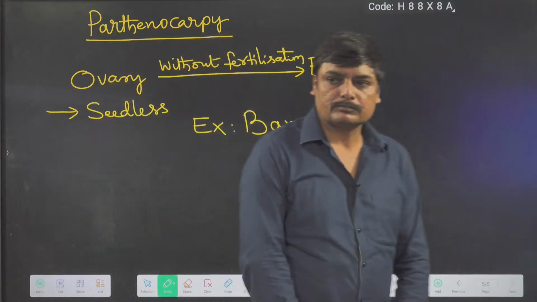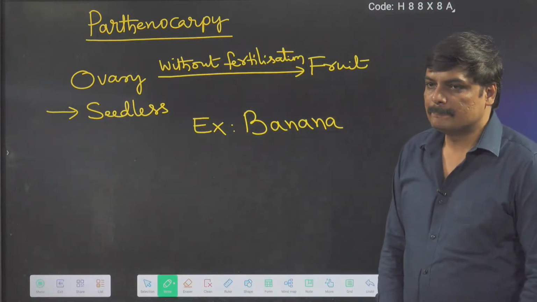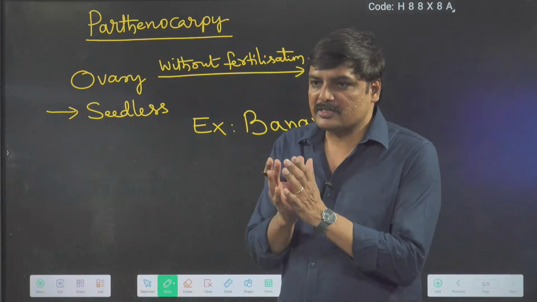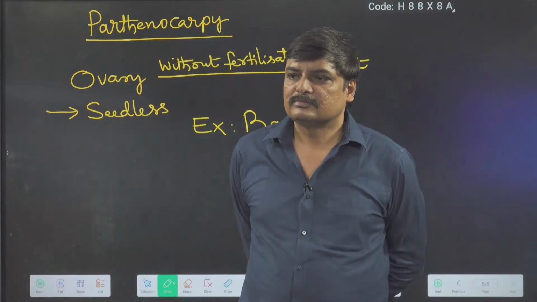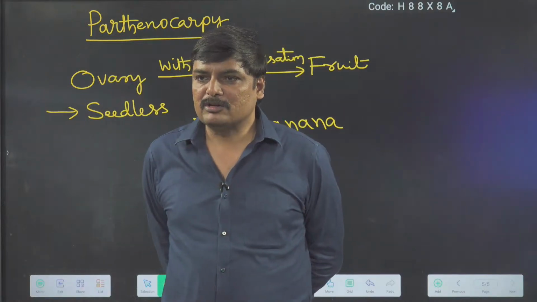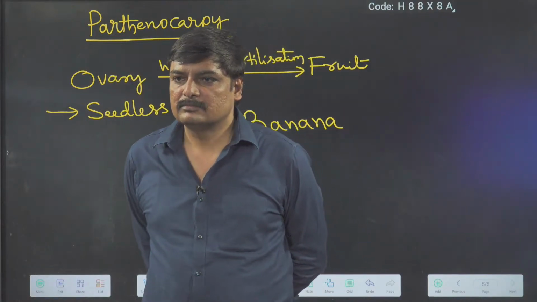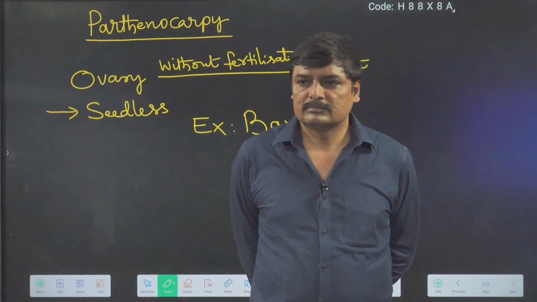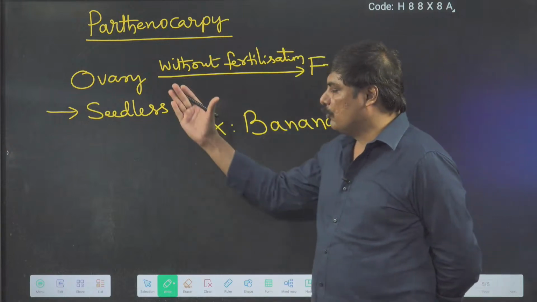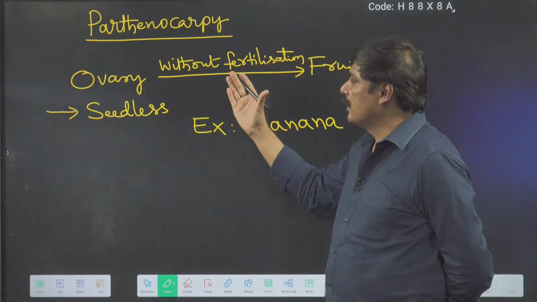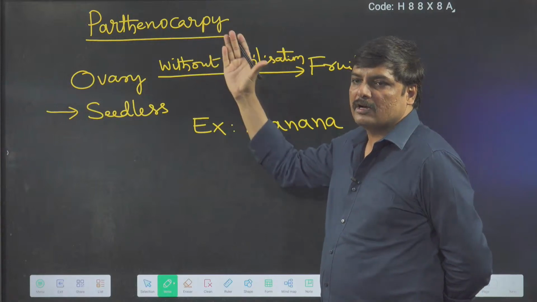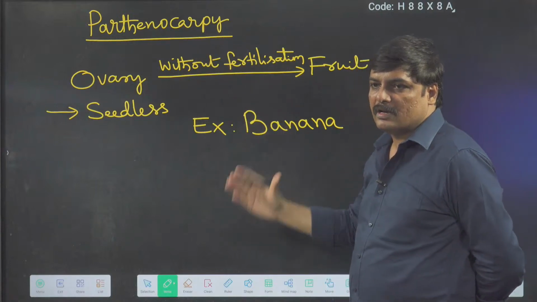The questions may be asked: what is meant by parthenocarpy? Give an example. Development of ovary into fruit without fertilization is called parthenocarpy. The best example is the banana.